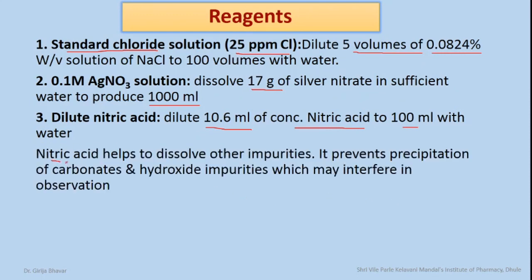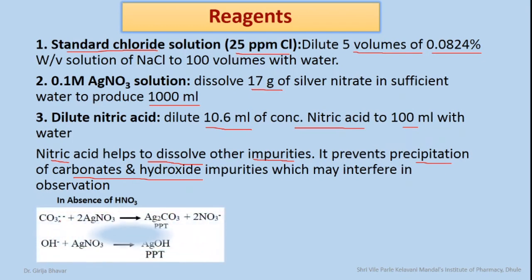The use of nitric acid is to dissolve other impurities that may be present along with chloride impurities. Nitric acid prevents the precipitation of carbonate and hydroxide impurities which may interfere in the observation. Suppose nitric acid is not used, then if carbonate or hydroxide impurities are present in the sample, they may also react with silver nitrate to form silver carbonate or silver hydroxide, and thus produce a precipitate along with silver chloride and affect the observation.